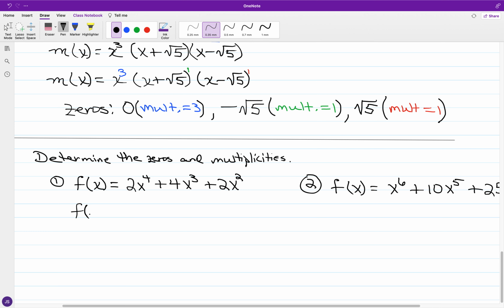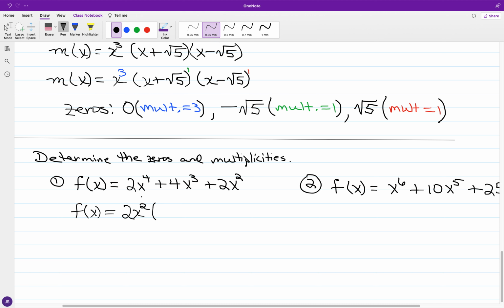If you notice, all the coefficients are even: 2x to the 4th, 4x cubed, 2x squared. So 2x squared is going to be the greatest common factor.